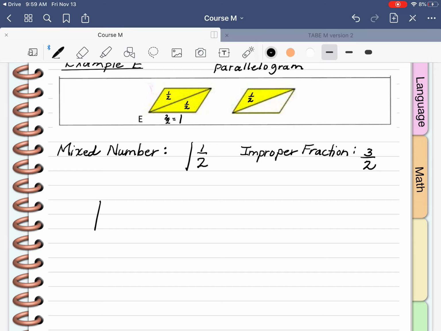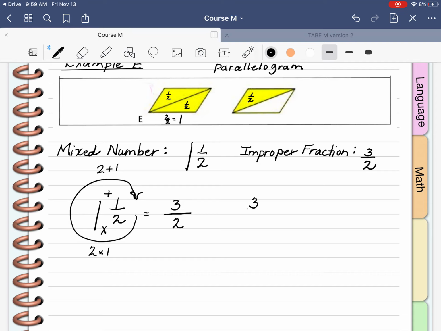Okay, let's make this mixed number mad. So we have multiply and add. Keep the denominator. 2 times 1 is 2, and 2 plus 1 is 3.